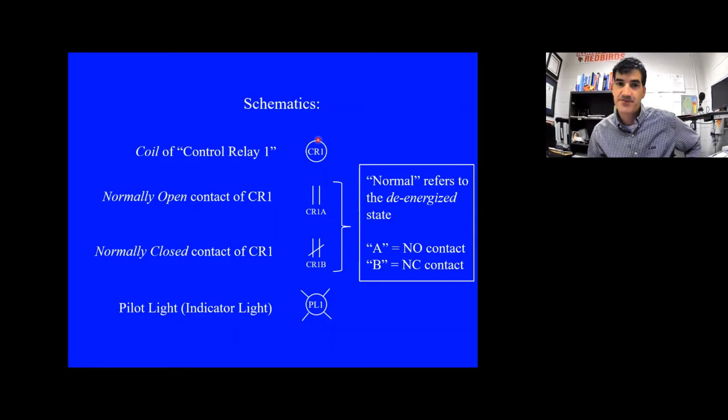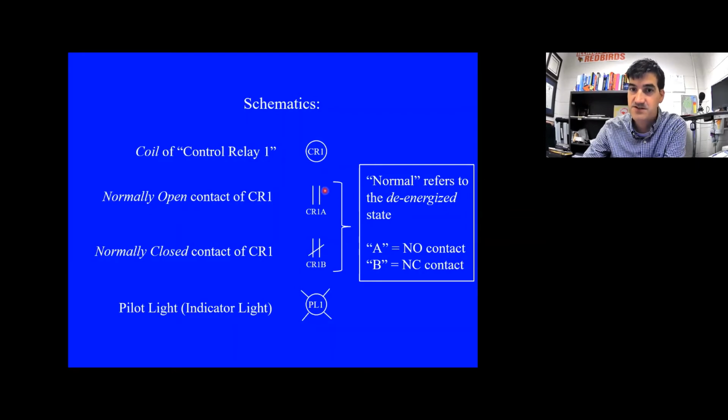And then we also have to represent the contacts. So we have normally open contacts and we have normally closed contacts. So this is what a normally open contact looks like. Your wire comes in here and then it comes out here. So your common connection would be right here. I'll show you an example in just a minute. But your common connection would be right here, and then your normally open pin or terminal would be right here.